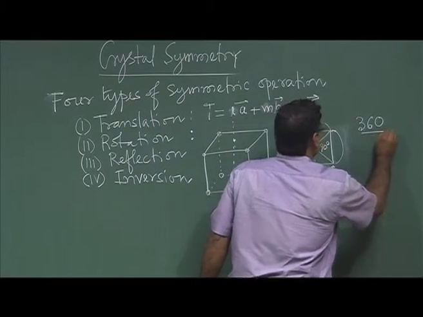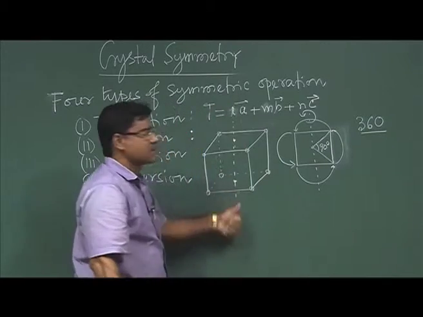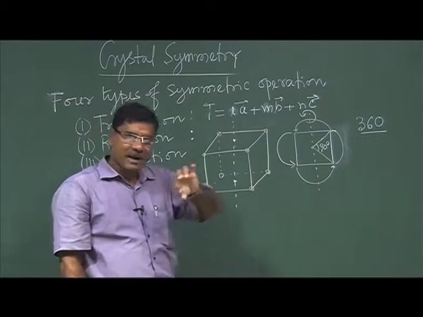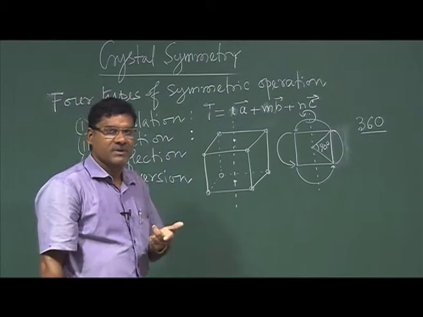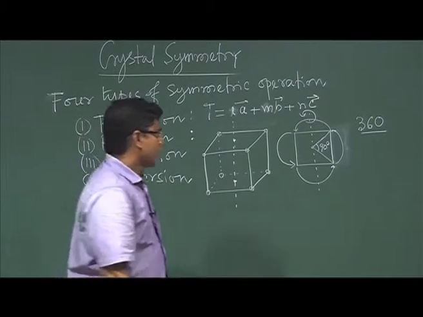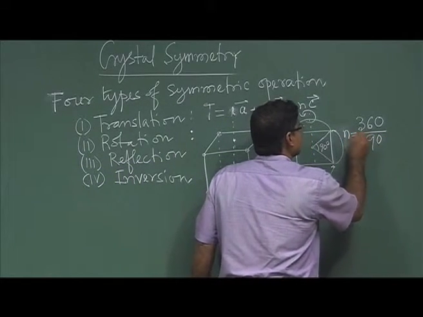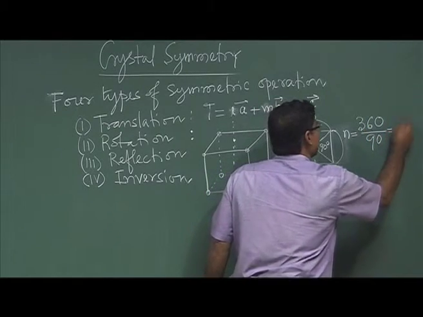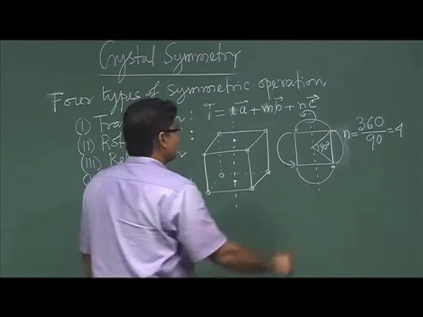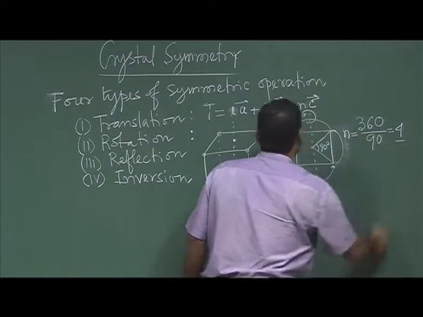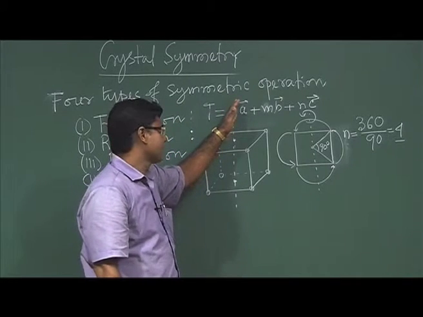Now, in this cubic crystal with respect to this axis, after 90 degrees we are getting the invariant position, the same configuration. So, n equal to 360 by 90, that is 4. This 4 is called the fourfold axis. What does it mean?